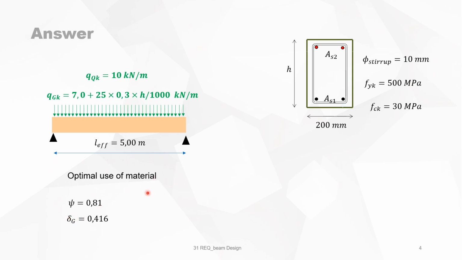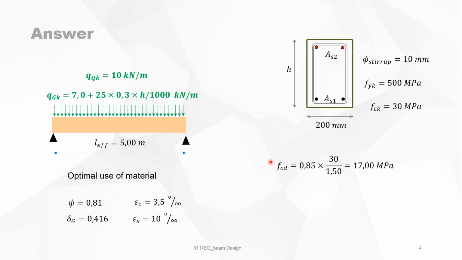This strain diagram is in domain 2A, and in domain 2A, the full parabolic and rectangular section of the concrete compression stress is reached. So the filling coefficient is 0.81, and the position of the compression force in the concrete is situated at 0.416 times A. So 3.5 per mil and 10 per mil is the ultimate strain in the two materials.